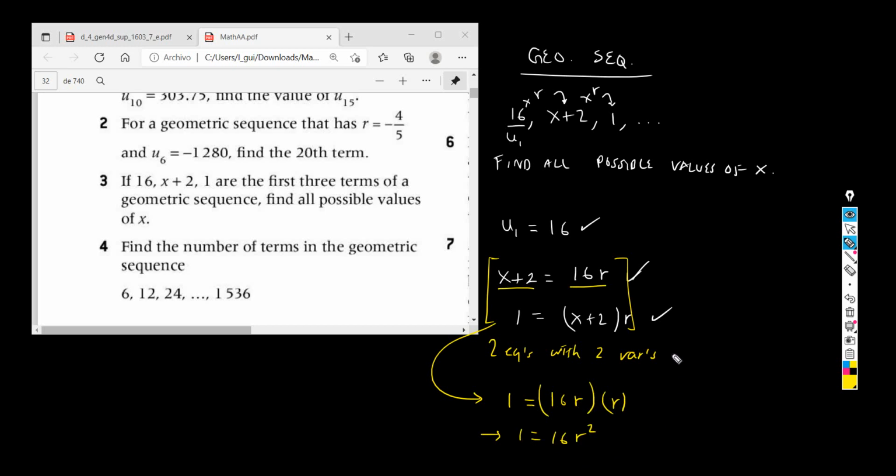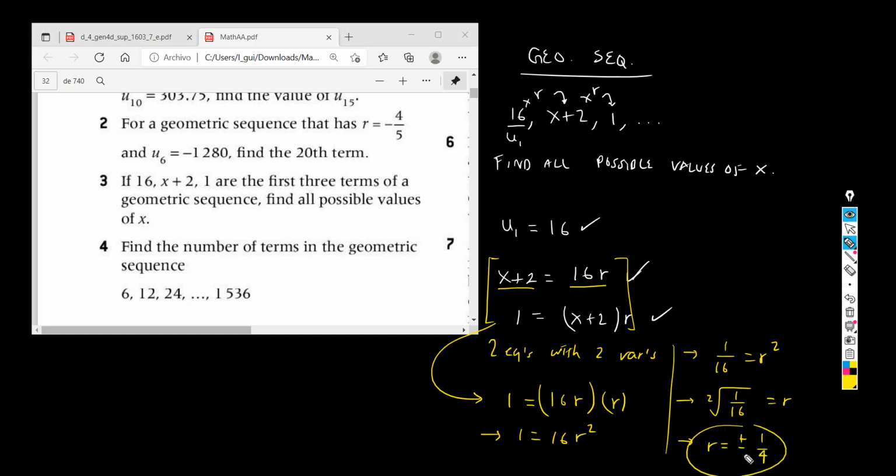I'm gonna get this. I'm gonna continue over here, and then 1 over 16 equals r squared, and then you get this, and finally you get that the ratio is plus minus 1/4, because the square root of 1/16 is either 1/4 or minus 1/4.